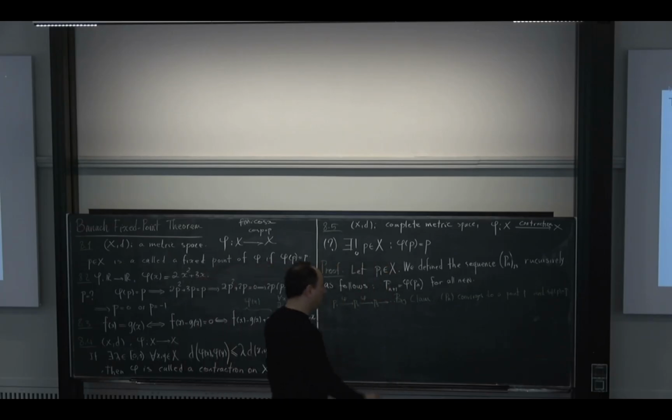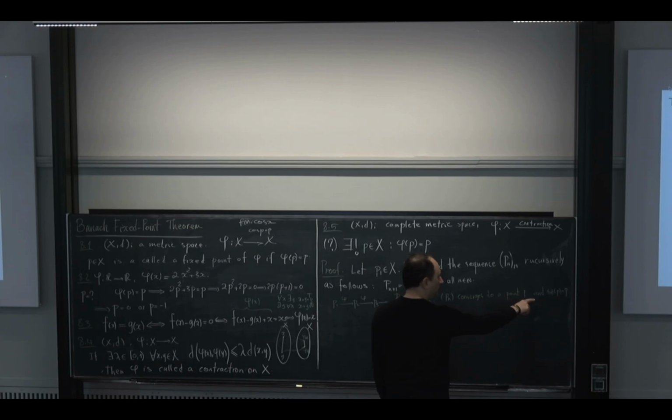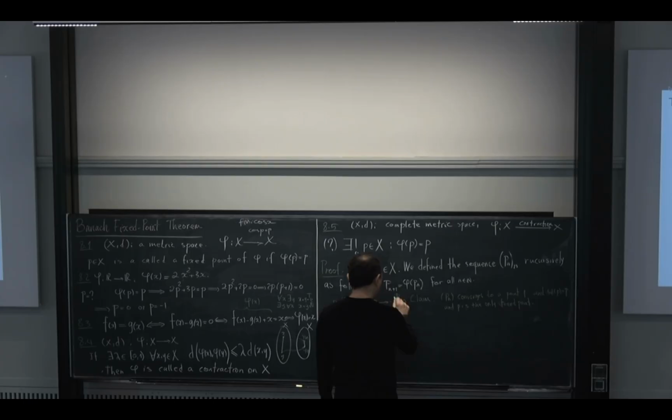Okay, so the claim: Pn converges to a point P, and phi(P) is equal to P, and P is the only fixed point. So this is the big claim.